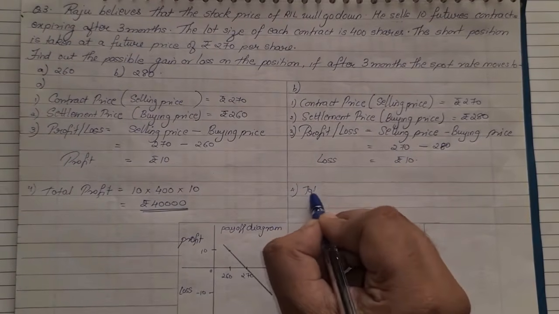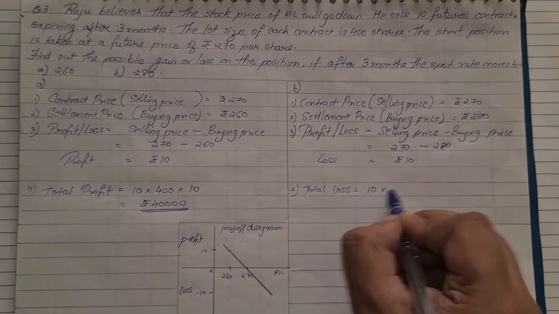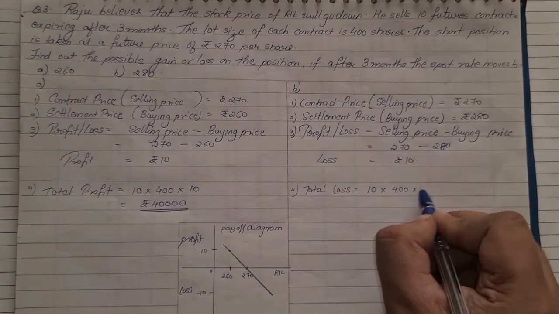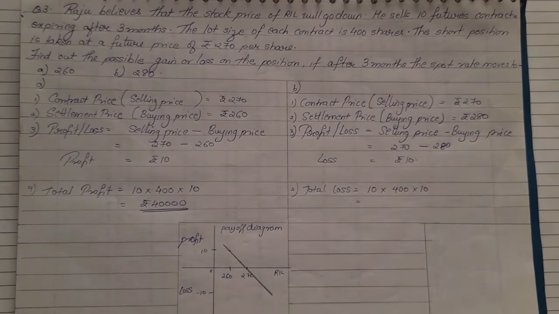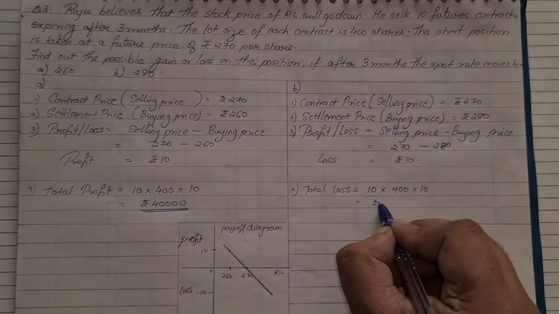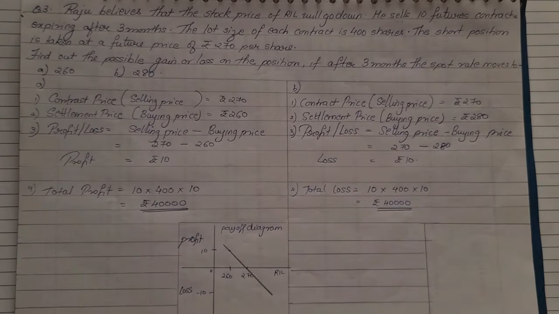So now we'll have to find the total loss. So the total loss is loss per share into the total number of shares into the number of contracts. So here we have 10 into 400, which is 4000 into 10. So in this case we have a total loss of rupees 40,000. Okay, same, no changes. You just have to follow the steps.